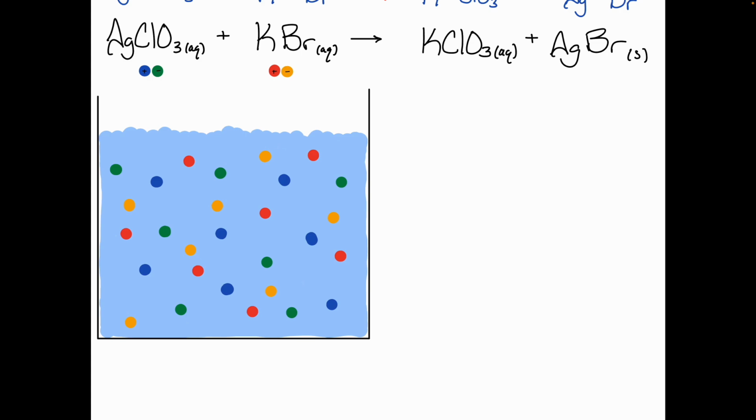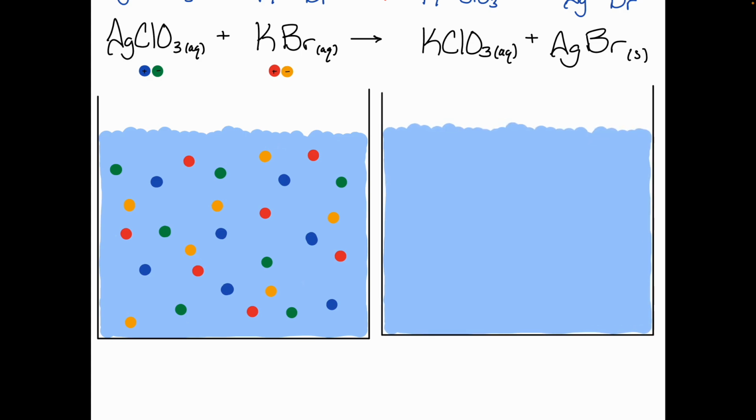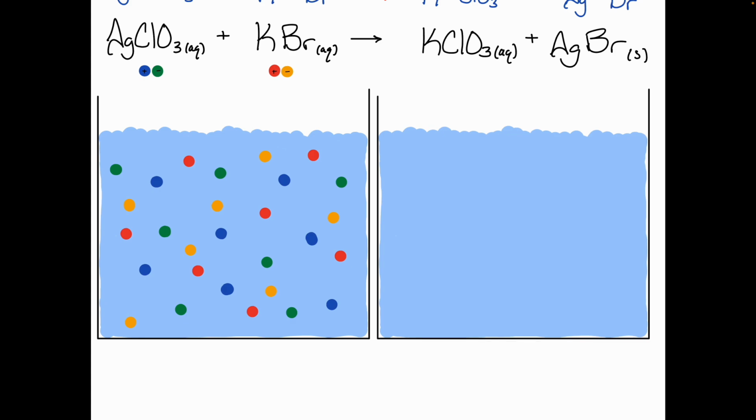But now let's look at what's going to happen on our product side. What our products are telling us is that silver bromide is a solid. So when those silver ions find those bromide ions, they're going to bind together.